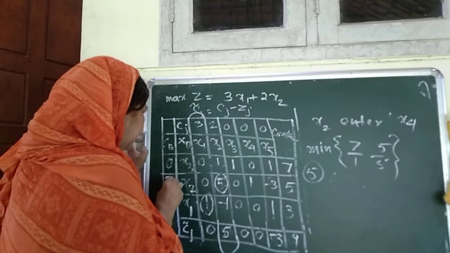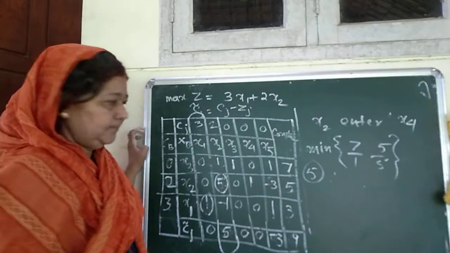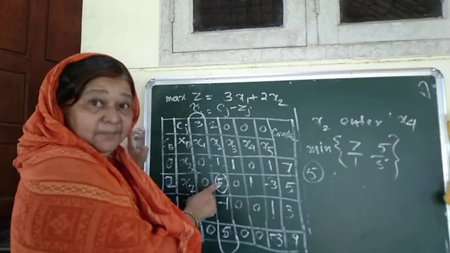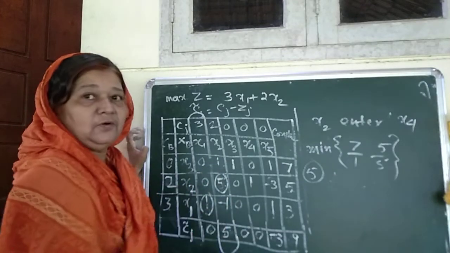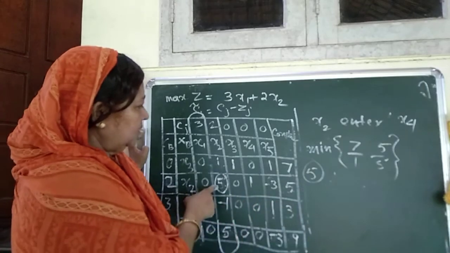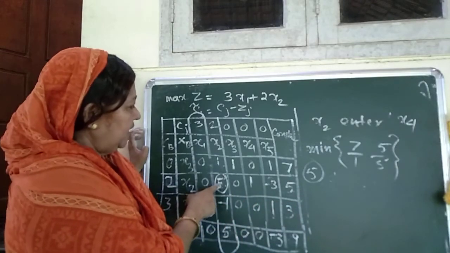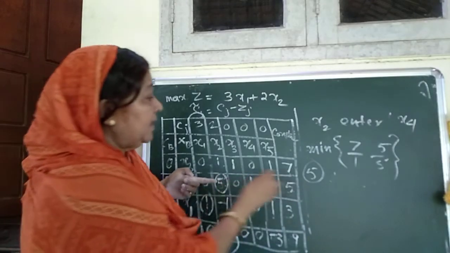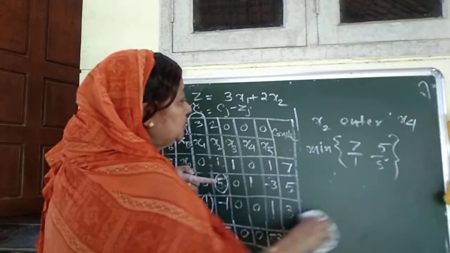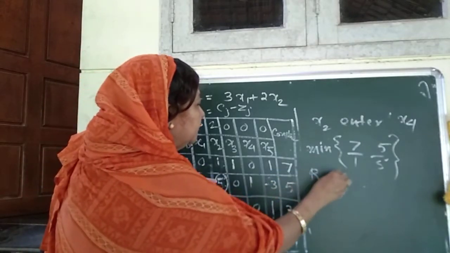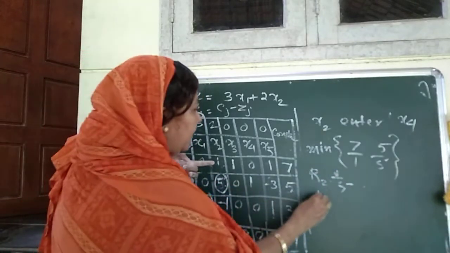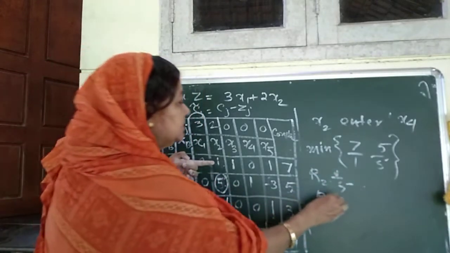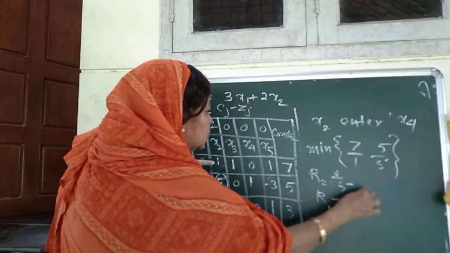Our aim is that this must be 1 and the remaining should be 0. So what is the pivot transformation? We know R2 into 1 by 5, and also R1 minus 1 by 5 into R2.